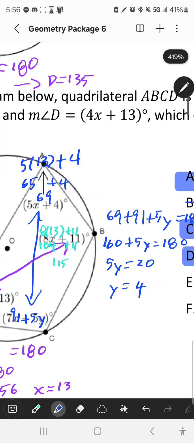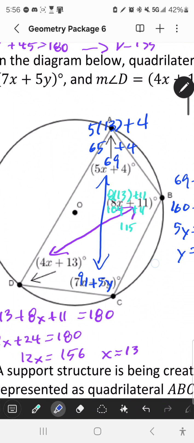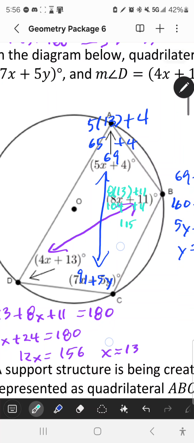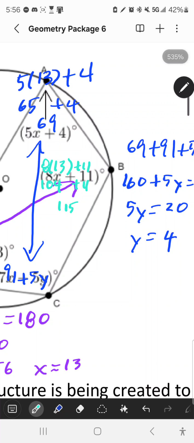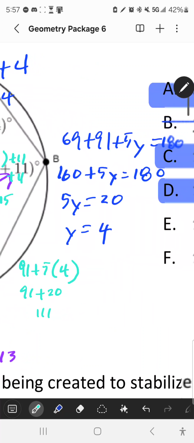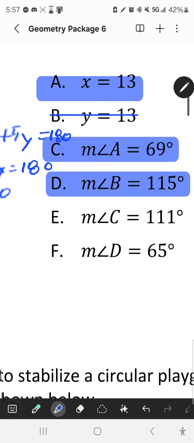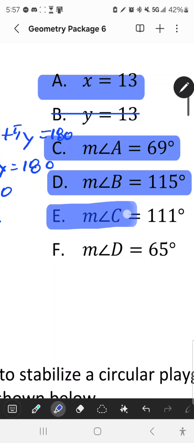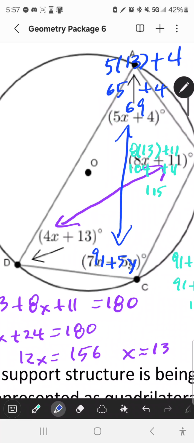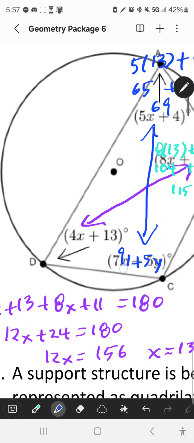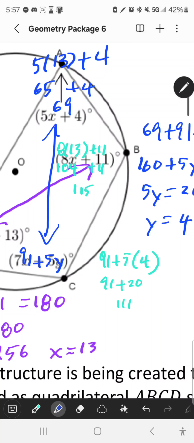See, I haven't calculated C either, but I do have the value of y, so C is equal to 91 plus 5 times 4, and 5 times 4 is 20, so 91 plus 20, which is 111. Now measure of angle D. I haven't calculated before.